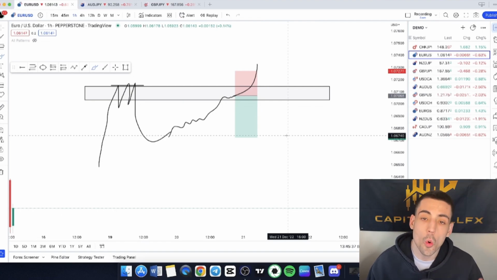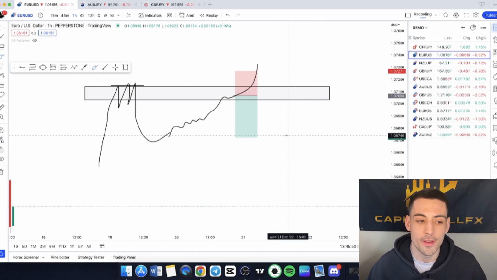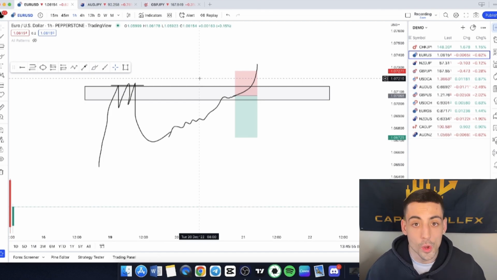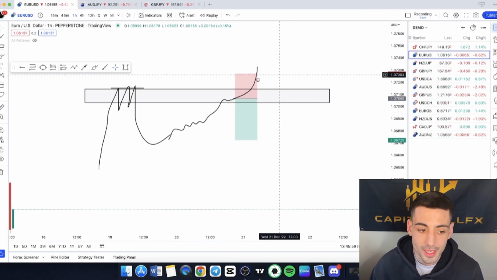So that is one risk management practice you can implement into your trading system: placing stop losses above or below certain invalidation zones, so that you're taken out of the market when price isn't going in the initial direction that you thought it would. So stop loss is the first way.